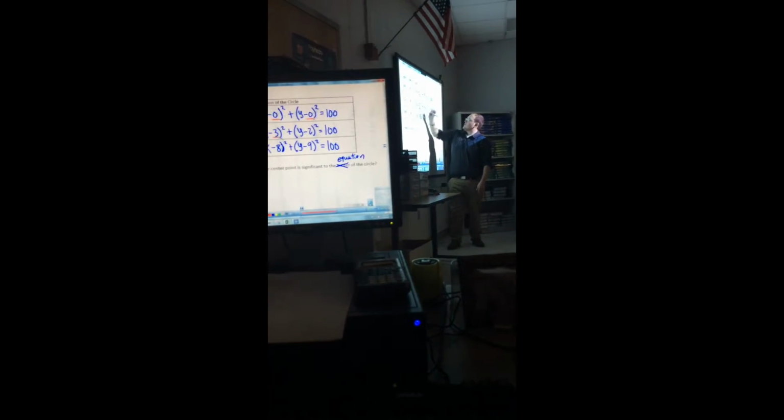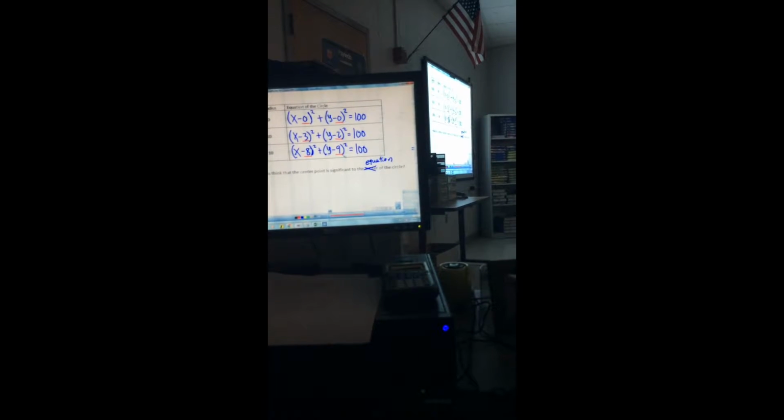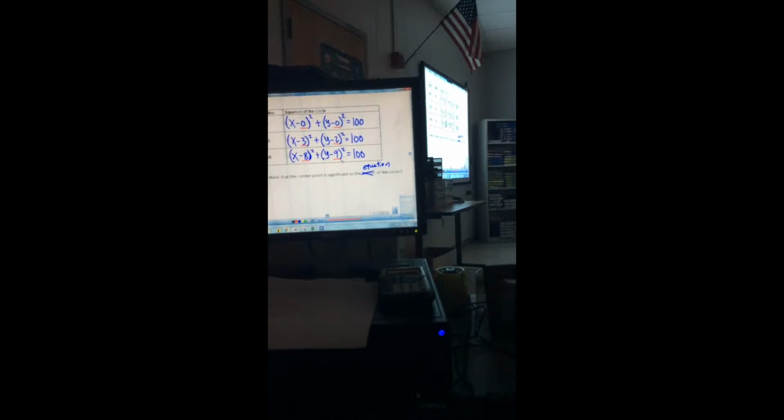What you're subtracting from x and y. The numbers that I'm subtracting from x and y, what do I notice about those in relation to my center points? Say that louder. It's the same as the coordinates.